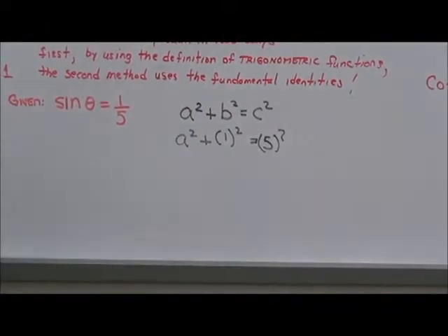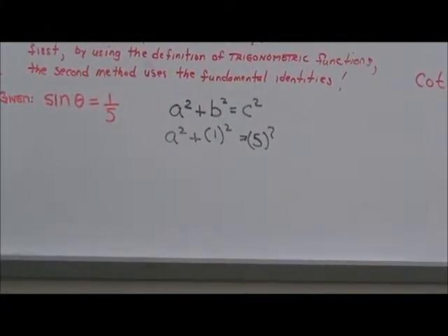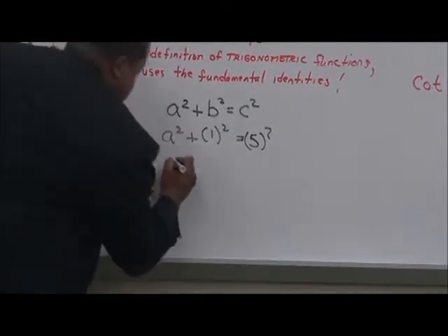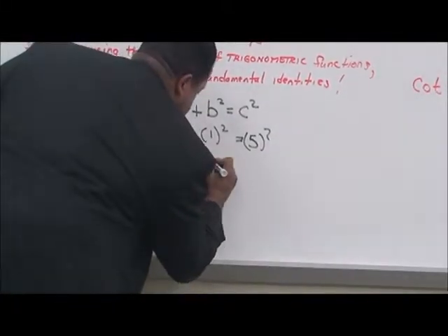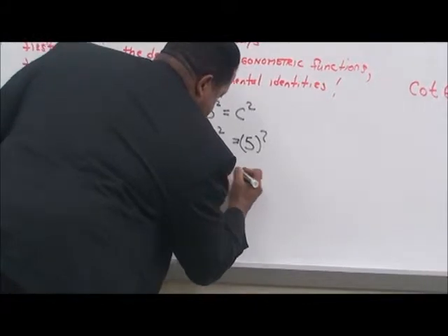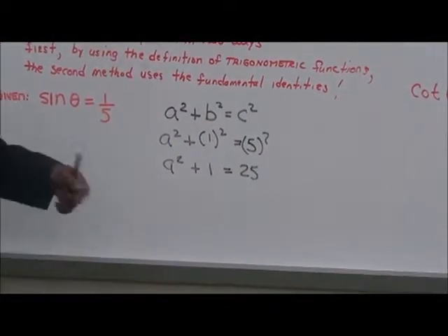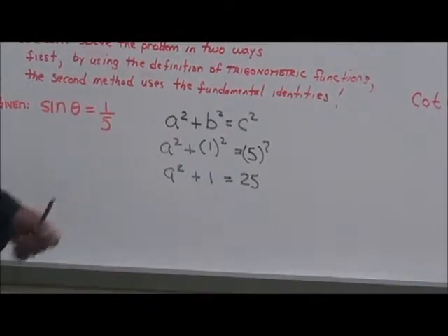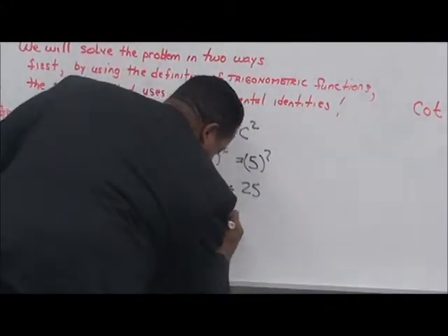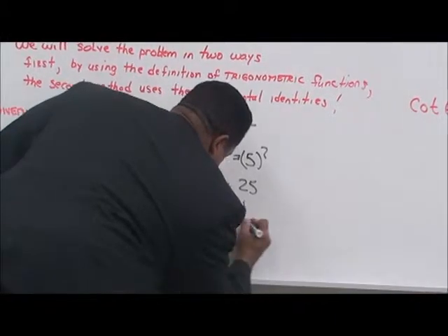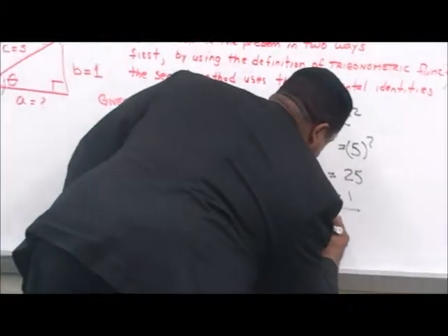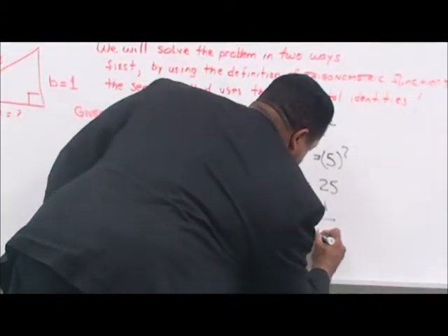So it's A squared plus 1 squared equals 5 squared, so A squared plus 1 equals 25. Isolating the variable, A squared equals 24.